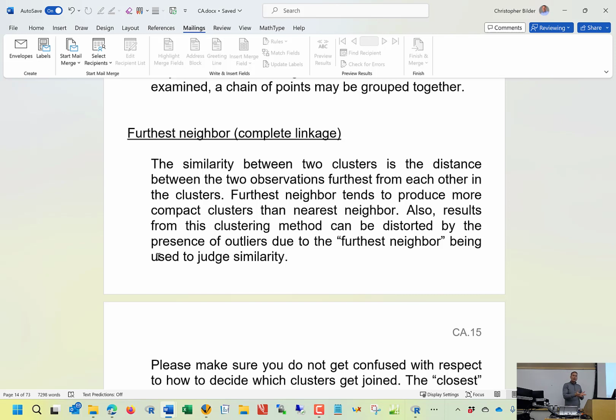Before we had single linkage, a name that comes from the fact that it just takes two close observations to make that decision. Now, for complete linkage, you look at all the observations in each cluster and pick the two observations that are farthest apart. You're looking at the complete cluster to make this judgment.